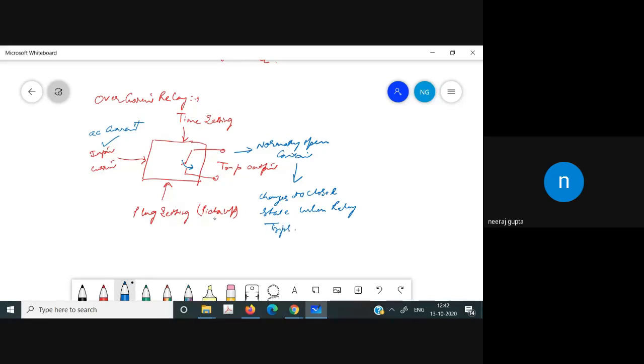Now, there are two settings in that. One is the time setting, and the second one is the plug setting.